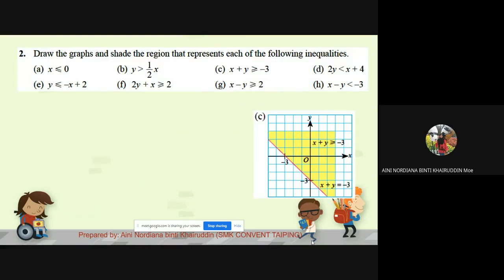Next, question number 2. Draw the graph and shade the region.